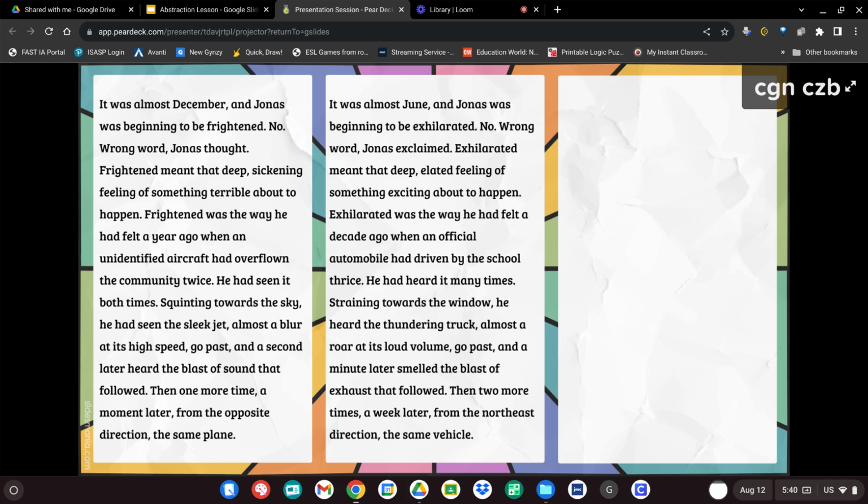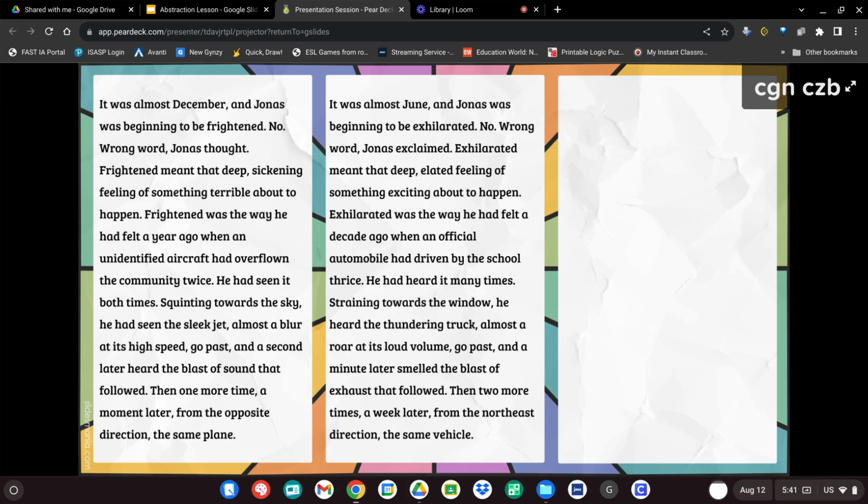Now, once you have identified all the words that are different throughout the story, I want you to use your text tool on that drawing page to write a third story using different words that would fit in those places that are different. So instead of saying it was almost December or it was almost June, you could say another month or maybe a season, things like that.